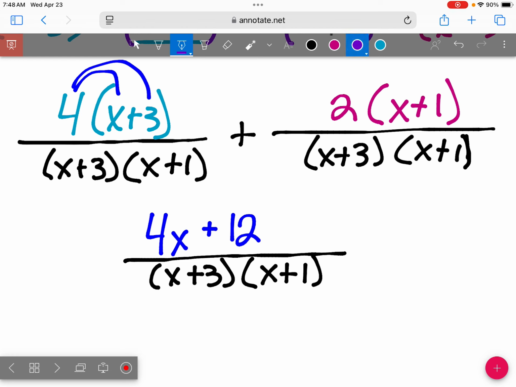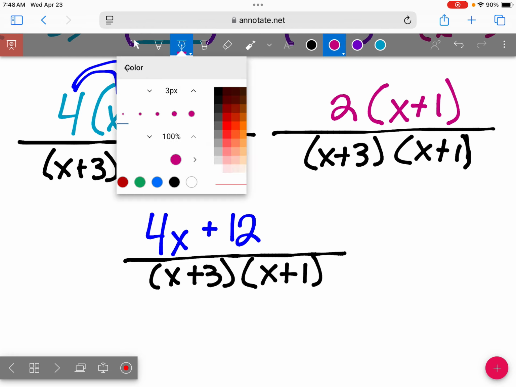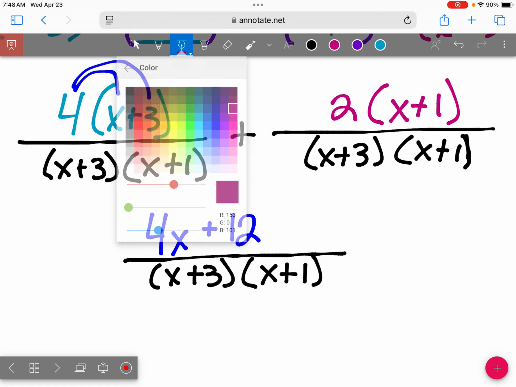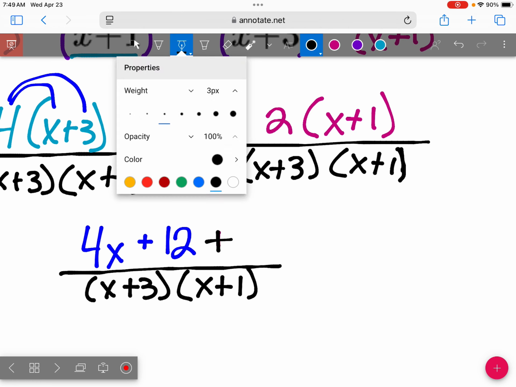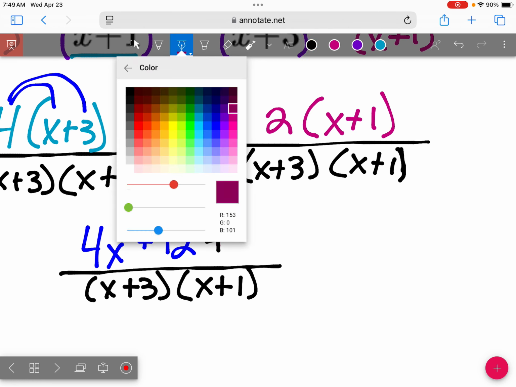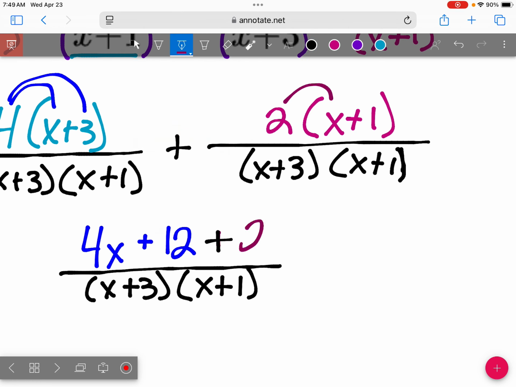We need to do the same thing with our pink side. I'm just going to get a dark pink. So we're going to add that to, because we're adding our fractions here, our 2 times x, which is 2x, and 2 times 1, which is 2.